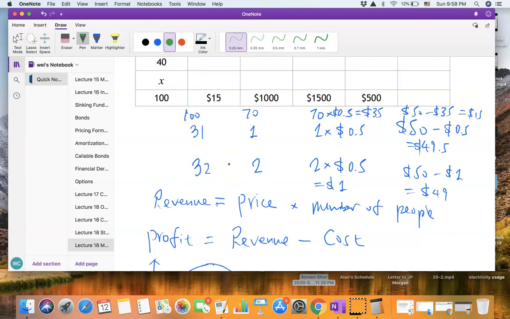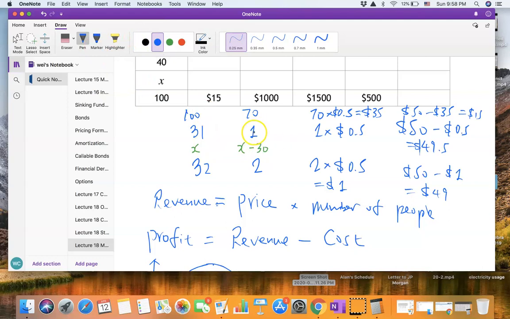Now let's think about what if there are x people coming. How many people are there who are more than 30? The answer we can write as x minus 30. Why?